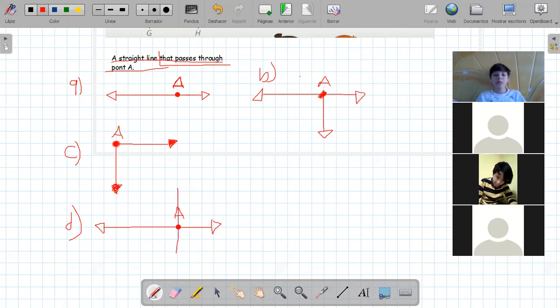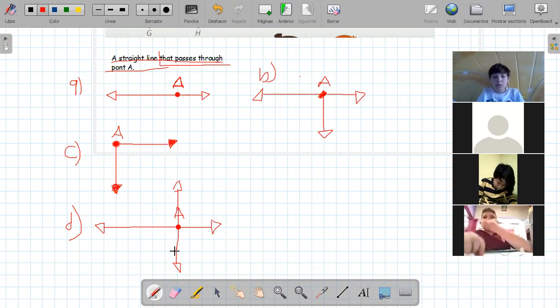Okay, another straight line. We call this intersection. Okay, now I have two straight lines. Easy, yes?